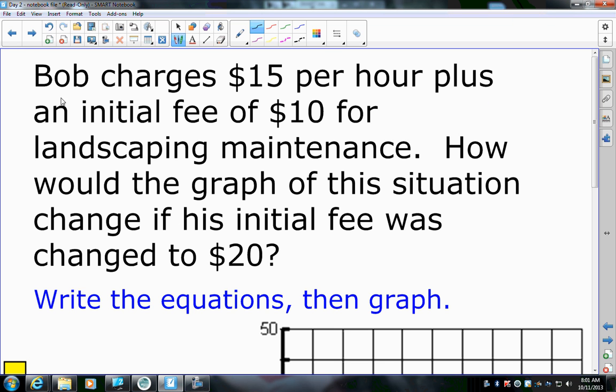Okay, so on this one it says Bob charges $15 per hour plus an initial fee of $10. Your equation up here, y equals your rate of change, how much you're paying each hour, 15, and put the x with it. Then you add the one-time fee, the initial fee. That should be your first equation. Y equals 15x plus 10.